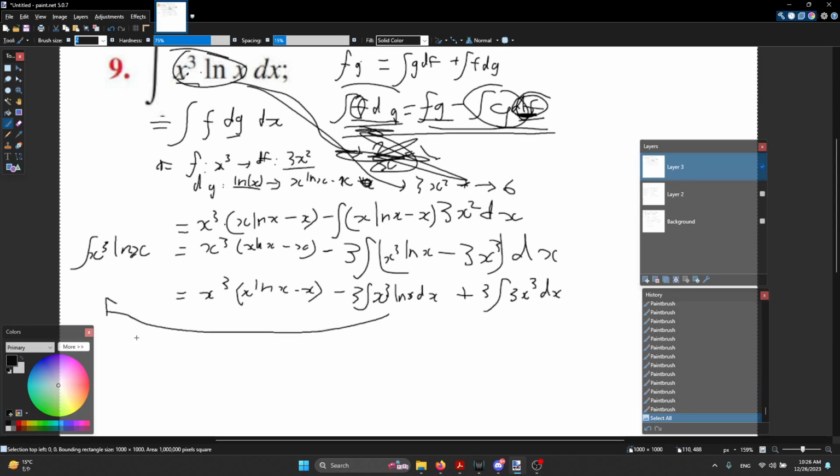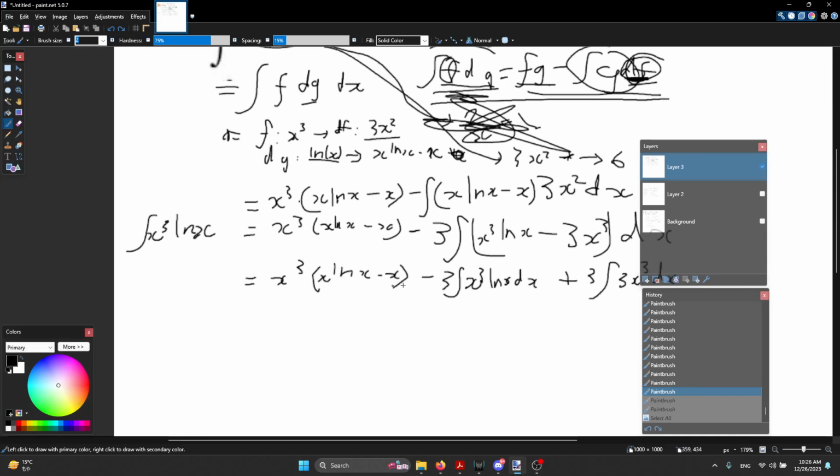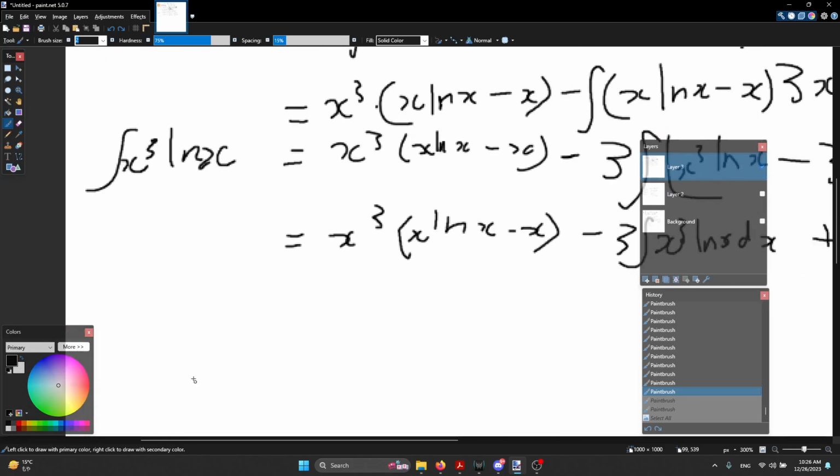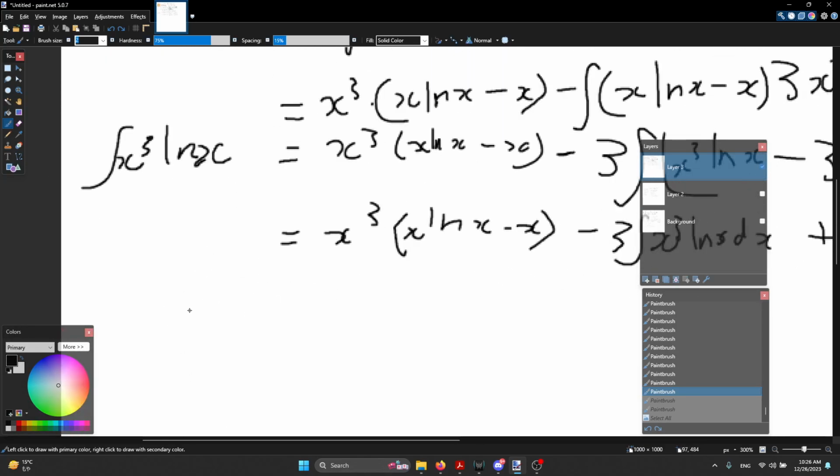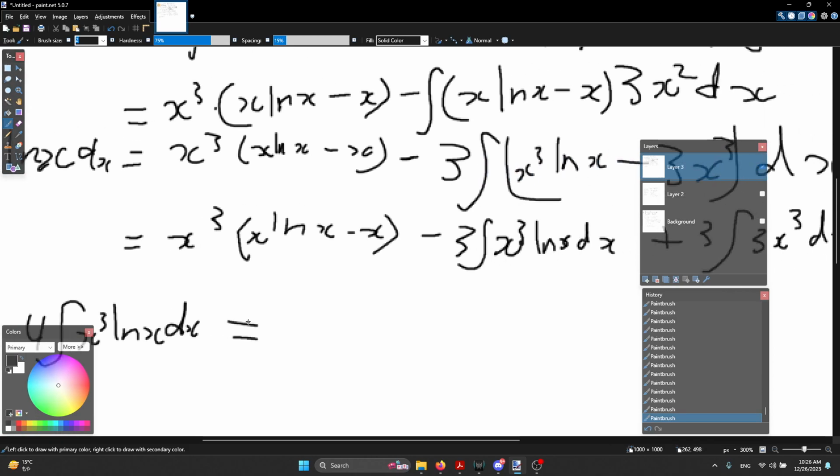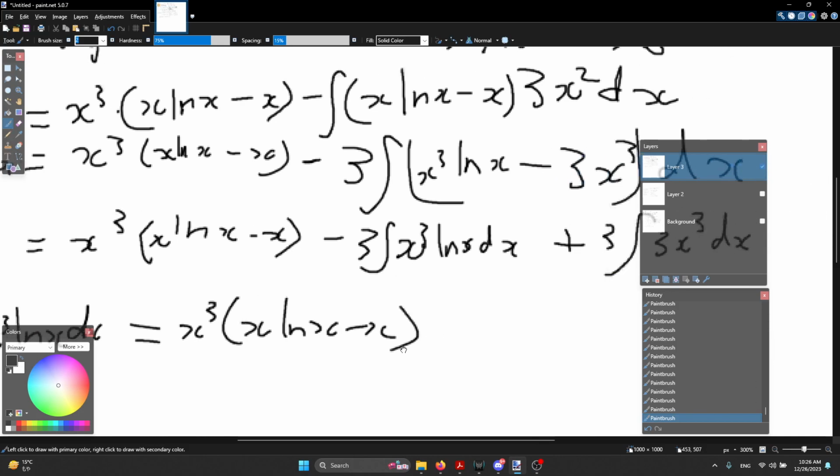Okay, cool. So we move this over here. So we have 4, right? So the 3 is plus 3 if we move it to the left hand side. So 4 integral of x cubed natural log of x. Oh, don't forget the dx, equals x cubed times x natural log of x minus x. Okay, cool.